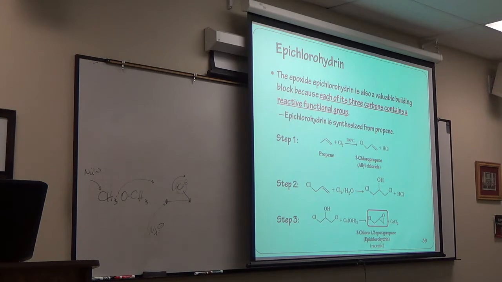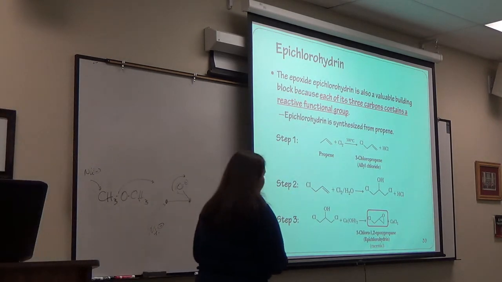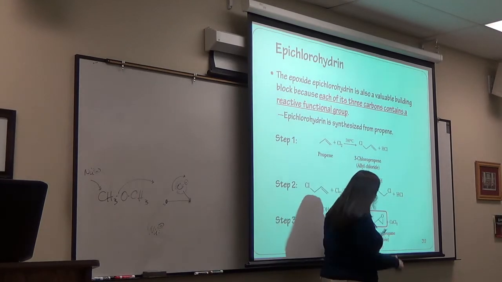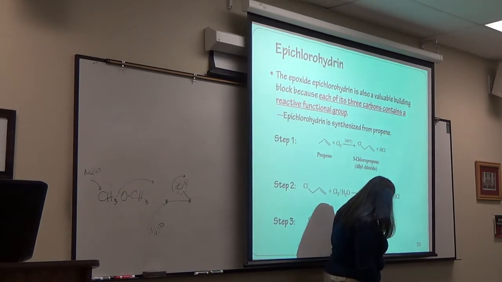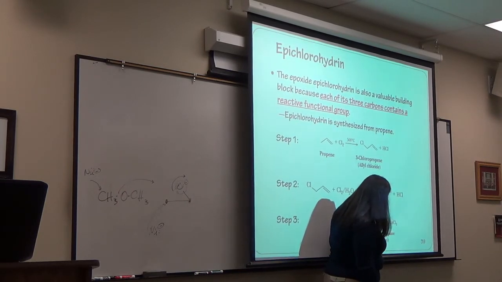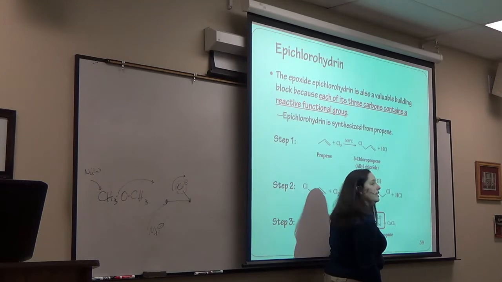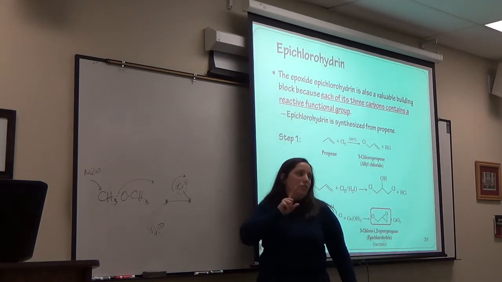Okay, so what would be the pattern in this one? So I now have carbon, carbon, right? The oxygen is going to be here, would you agree? Carbon, carbon, oxygen, another carbon. 3 carbons. Oxygen where?